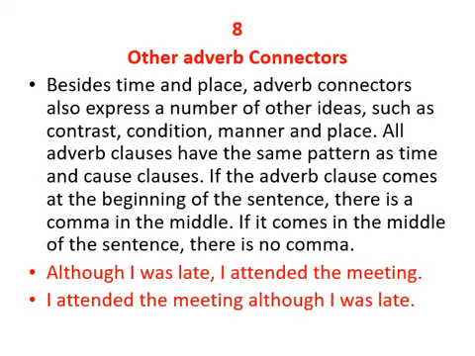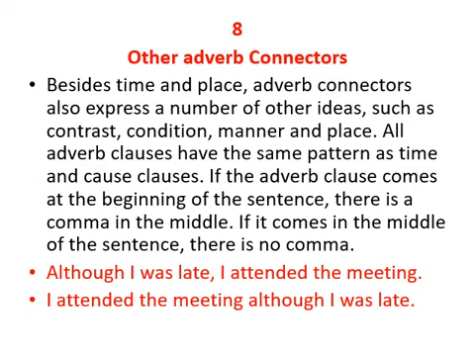تعالوا نقرا كده. Besides time and place, the adverb connectors also express a number of other ideas. مش انتوا عارفين ان احنا بنقول ظرف الزمان؟ احنا عندنا ظرف الزمان وظرف المكان. لا، في حاجات الظرف ده بقى اللي هو الادفيرب، في حاجات تانية كتير.